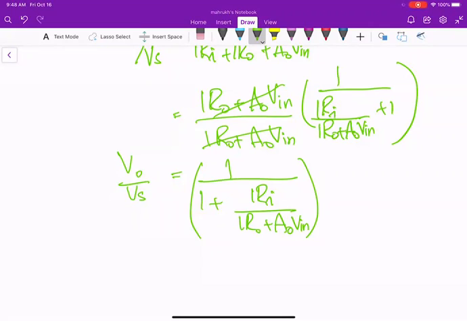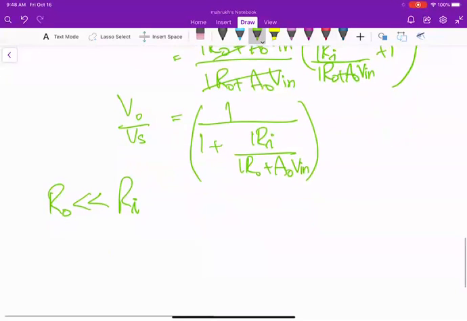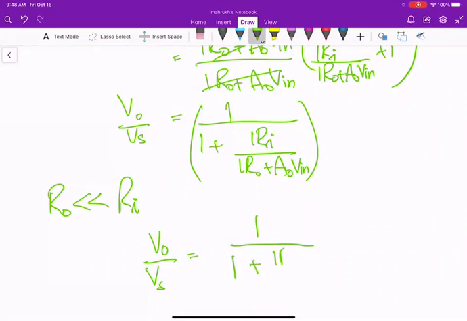So that understanding will help us know what the actual purpose of op-amp is, okay? So previously we said that R naught should be lesser than Ri, which makes it V naught by Vs equal to 1 plus IRI.